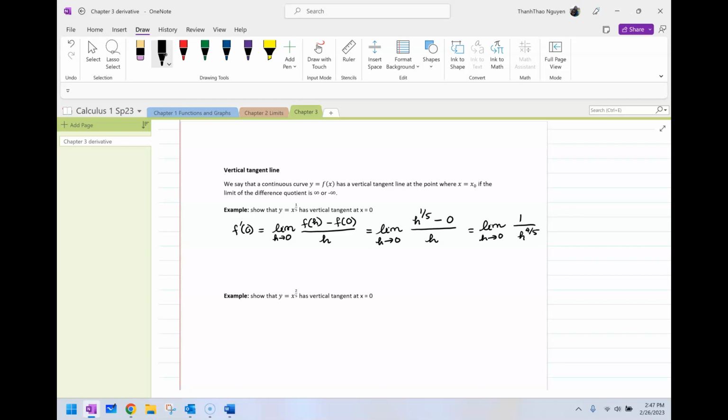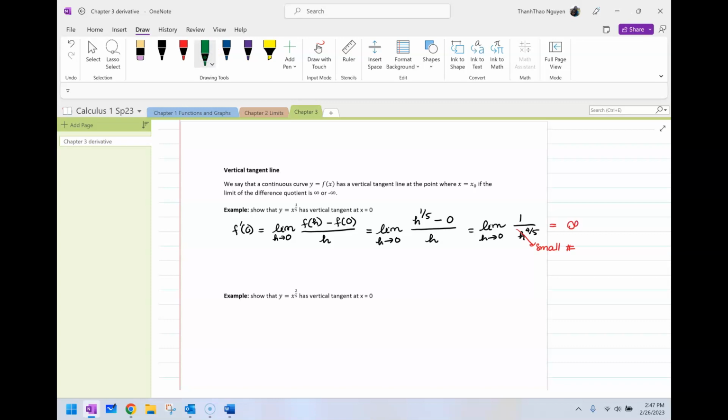As h approaches 0, this number becomes smaller, and we have 1 divided by a small number. This becomes infinity.